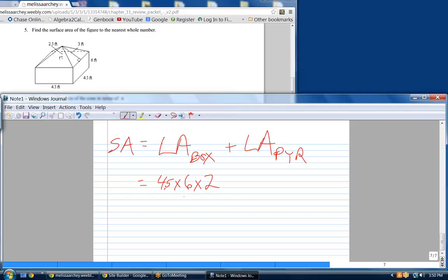Alright, and then you do it again for the other side, except would you times it by 2 there since we can't see? Yep, because we know there's a back side to this thing, even though they haven't drawn the dotted lines. In other words, there's an opposite face to this. Okay. So it's another 4.5 times 6. We could just say times 4.